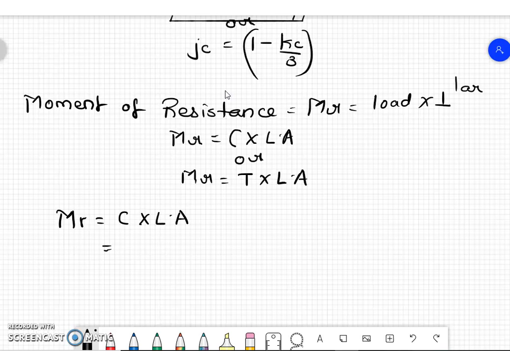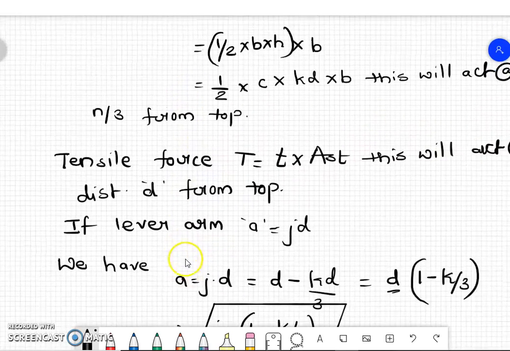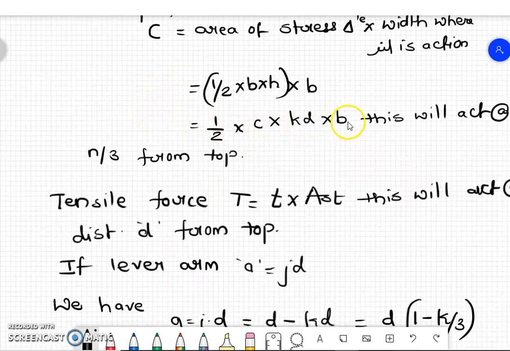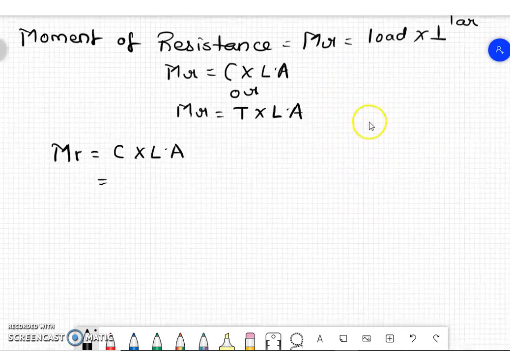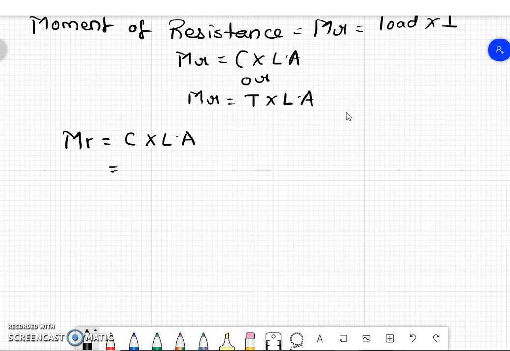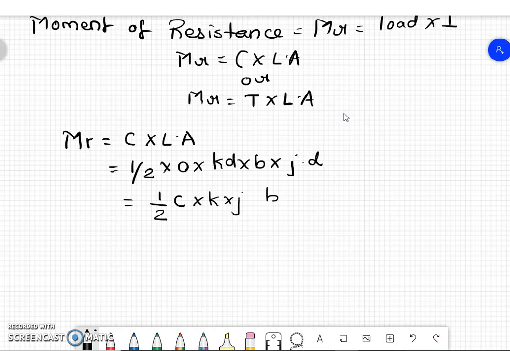I will substitute the value of C from the previous equation that we have already derived, that is half C into KD into B. So it is half into C into KD into B into the lever arm, that is J times D. So this is equal to, I can just take all the constants out, half C into K into J, and it will be here BD square. Just rearrange the equation and you will get this.